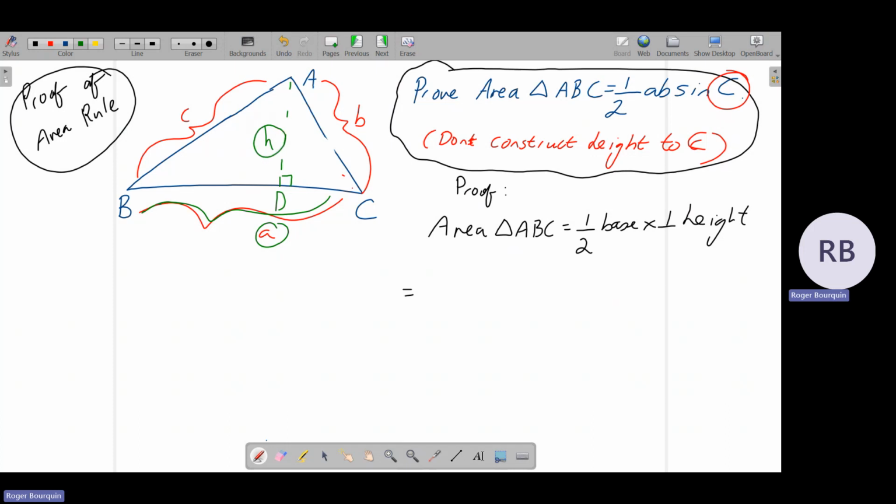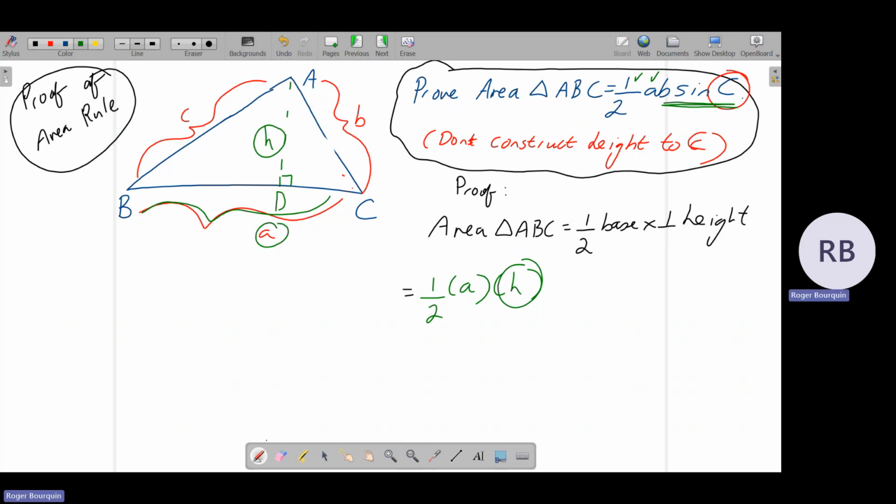So the area of triangle ABC is equal to a half, your base, which is a, and your perpendicular height, labeled H. So keep looking at where you want to get. I've got the half, I've got the a. The problem is I need to replace H somehow with b sine C. So keep an eye on what you're trying to prove.